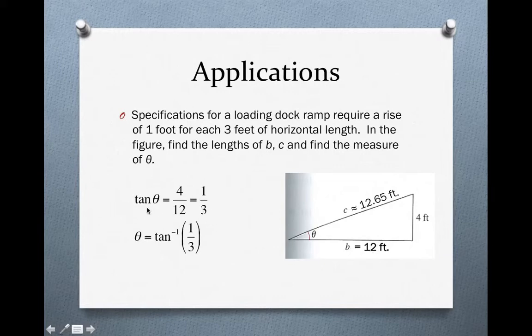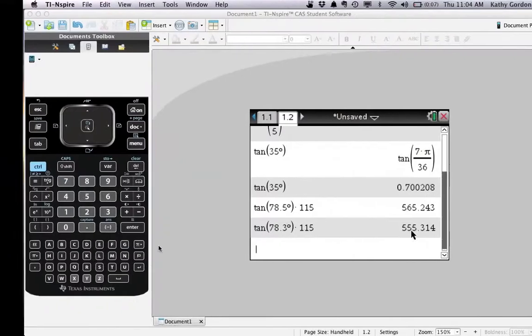In order to undo the tangent so that I get the theta all by itself, this is where I have to do the inverse tangent. But again, just like any other function, I have to do that to both sides. So the inverse tangent of tangent cancels out. I just get theta. But now I have to take the inverse tangent of 1/3.